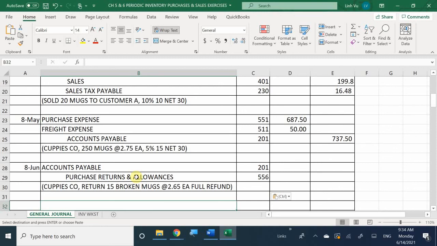Okay. So accounts payable is when we owe money. Accounts receivable is when somebody owes us money. When we sell to a customer, accounts receivable is basically the customer's account that we sell products to, and they owe us the money.